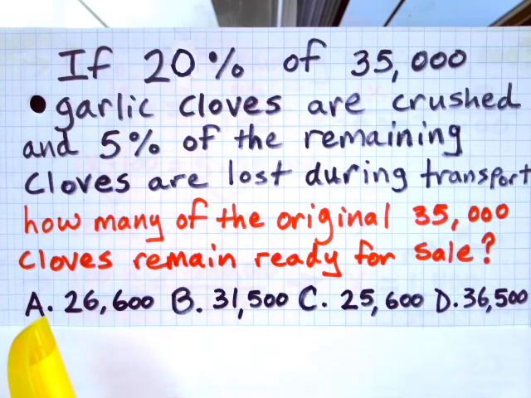And you have options of A, 26,600, B, 31,500, C, 25,600, and D, 36,500.